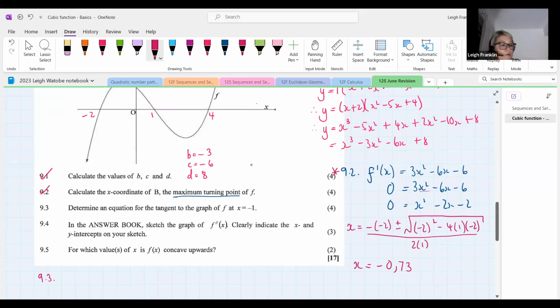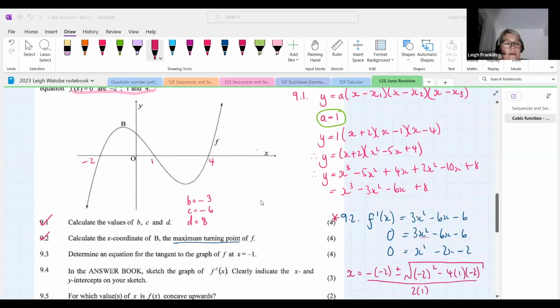All right, so let's do 9.3 quickly, and I think we're going to have to leave it there. Oh, you've got the form from the formula. Okay, yeah, so just be careful when you're using your quadratic formula. All right, now it says determine an equation for the tangent to the graph at x equals negative 1.